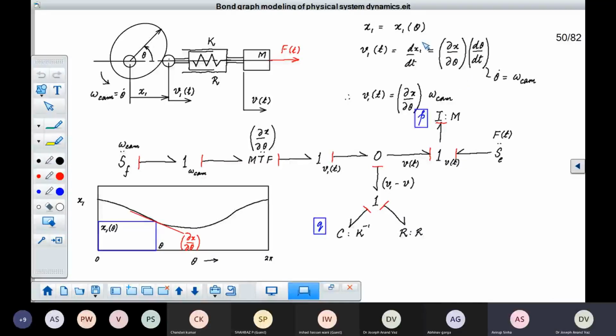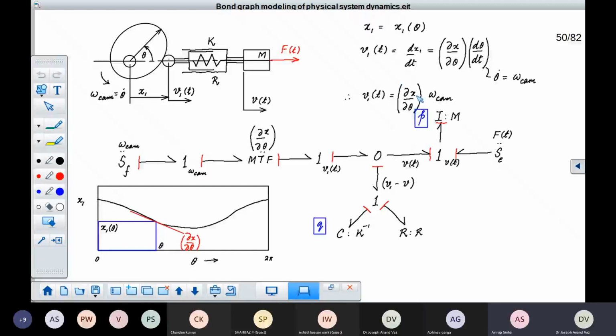Because theta is implicitly dependent on time, and x1 is dependent on theta, it is the partial derivative of x with respect to theta multiplied by the total derivative of theta with respect to time. And this we know is the angular velocity of the cam. So you get this relationship: v1 is equal to this partial derivative multiplied by omega cam.